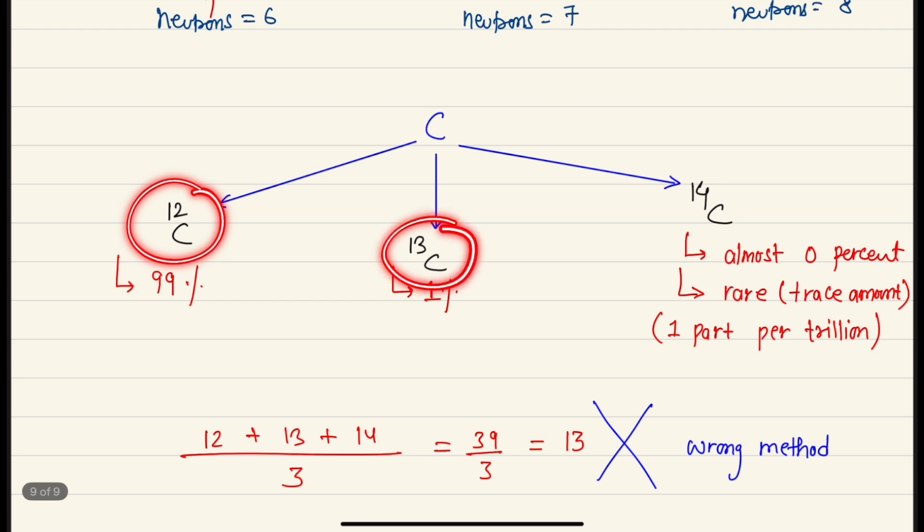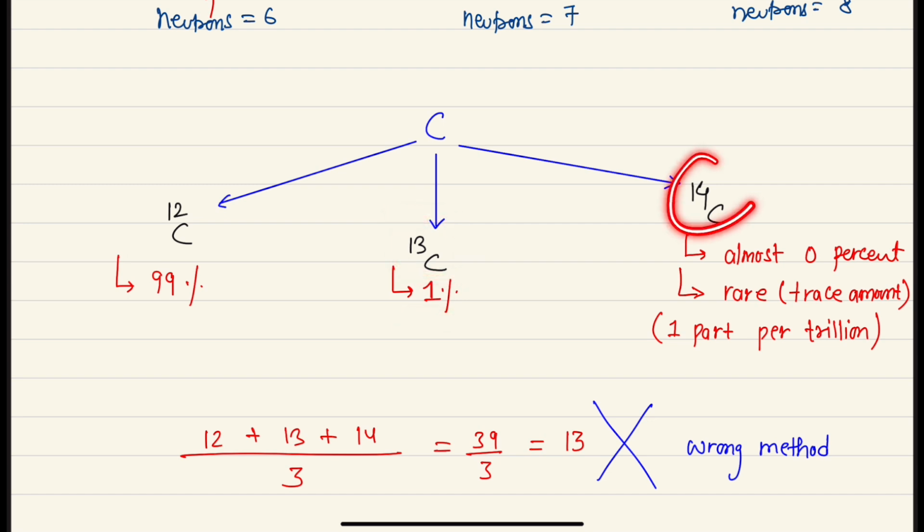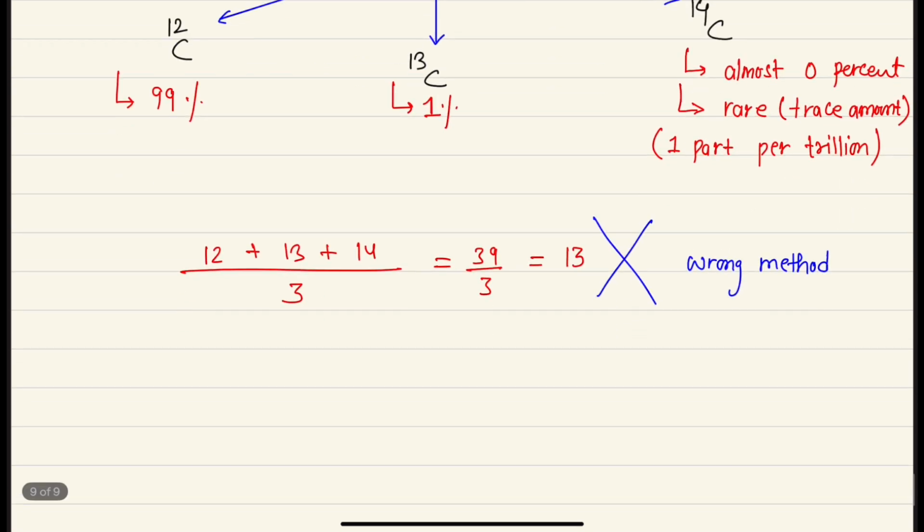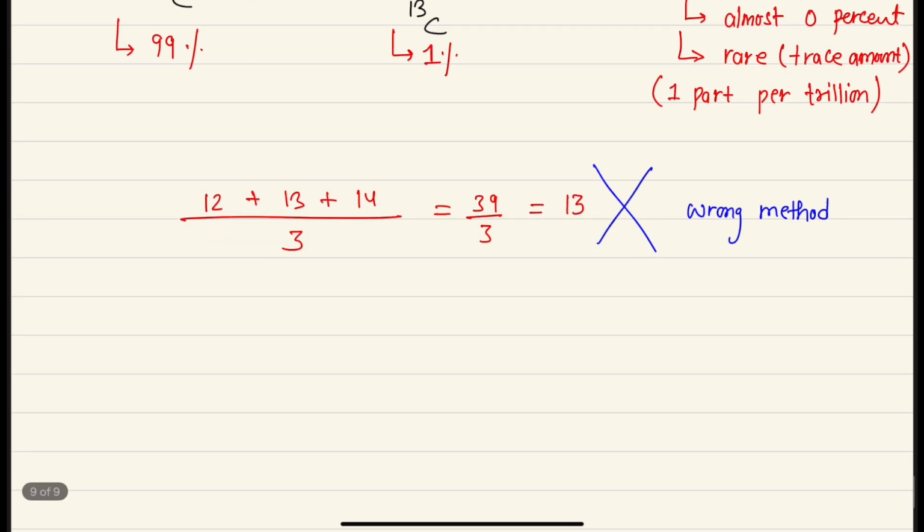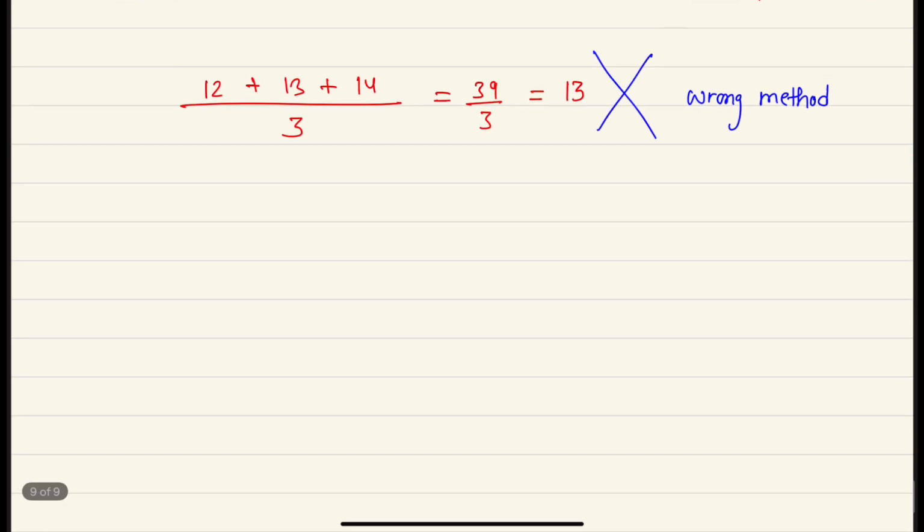Because all the carbons here are not present in equal amount, in equal percentage. This carbon is present in 99%, this carbon in 1%, and this carbon is 0%. So that's why we cannot do like this. Simply adding and taking average will not give the answer. Now see the correct method.